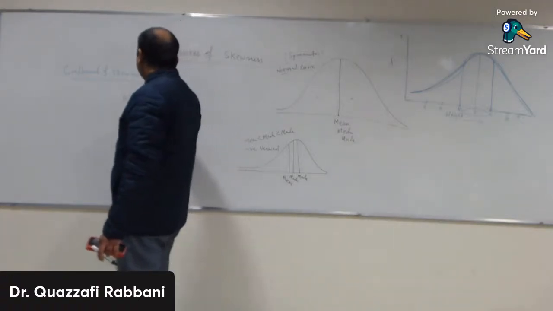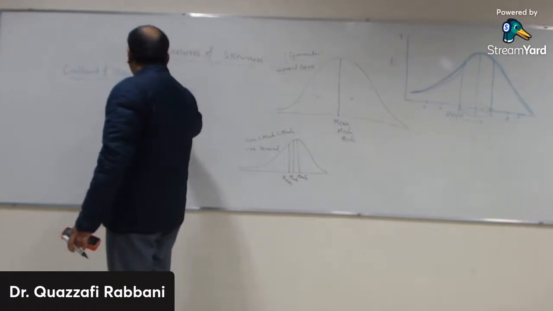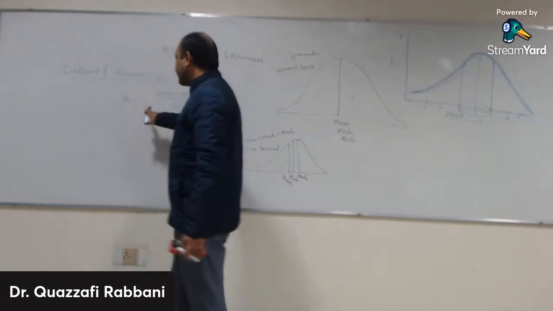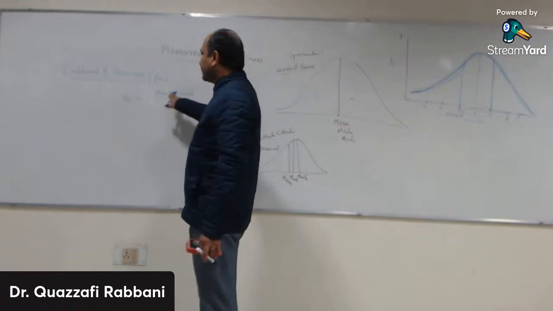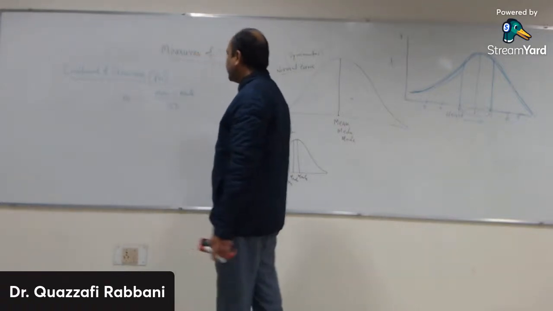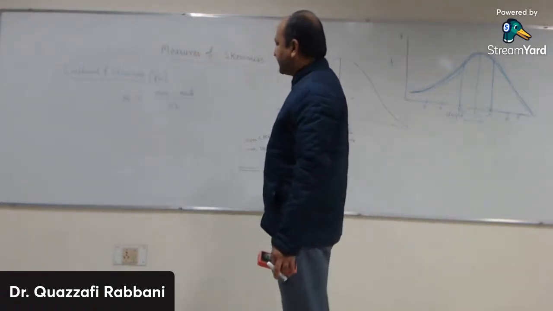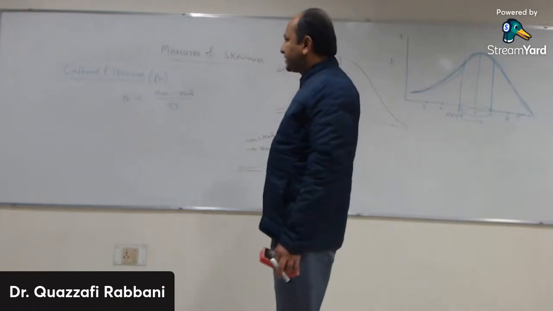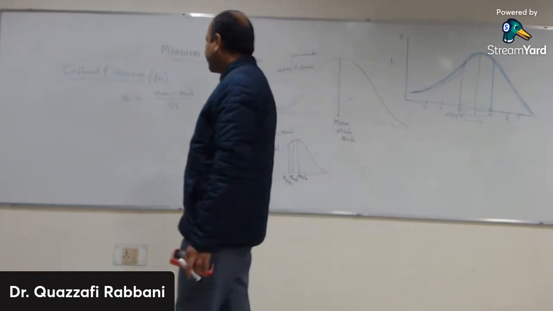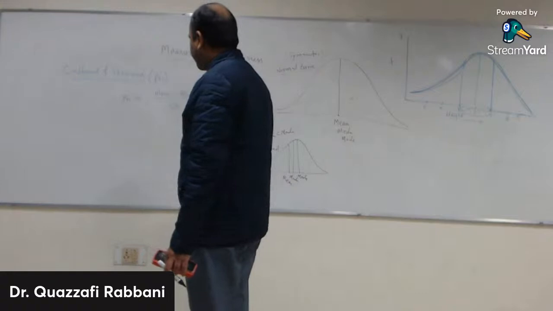And if mean is greater than median, then the value of beta 1 is positive. If mean is less than median, then beta 1 is negative. So you can find whether beta 1, that is the coefficient of skewness, is positive or negative.